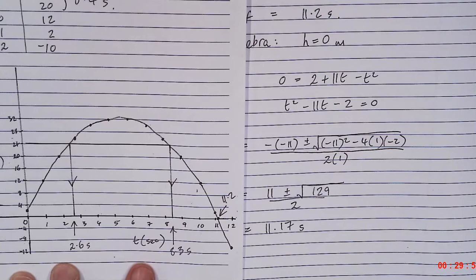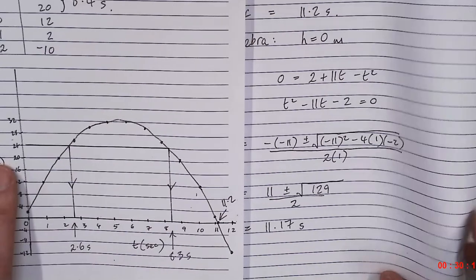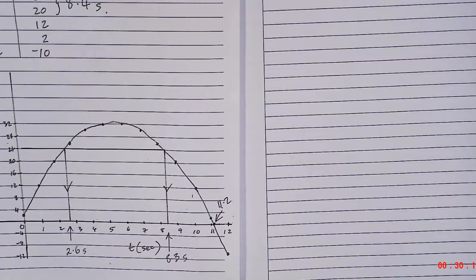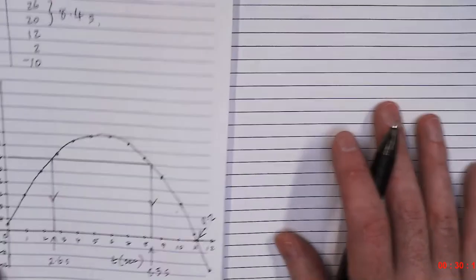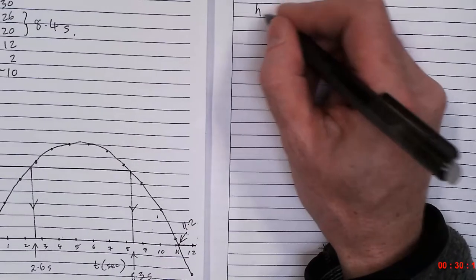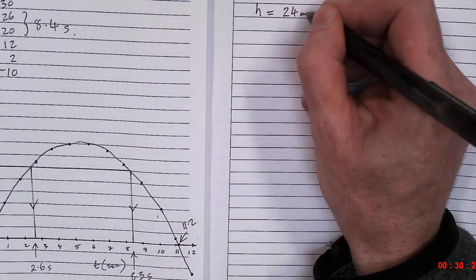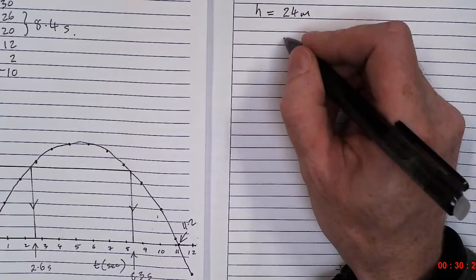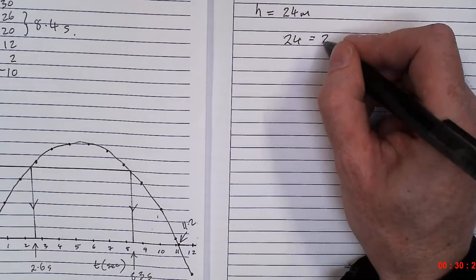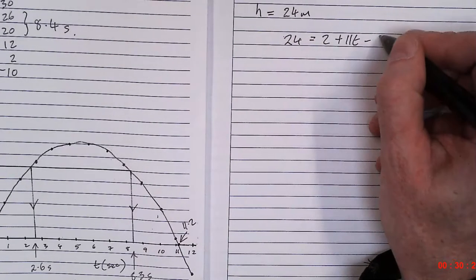And then we go to algebra. Using the quadratic formula, the simultaneous minus b formula. So the height is the quadratic da plus hinjig t minus t squared.